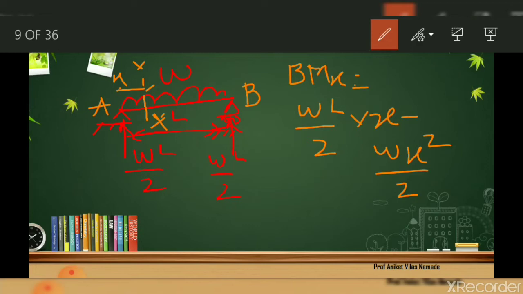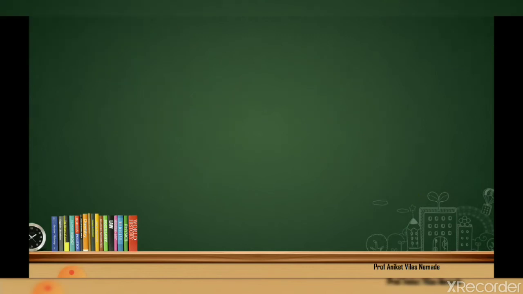This is the bending moment equation about the section XX. Now we have to find the same bending moment equation about XX in the arch. So for that we first have to draw the arch.